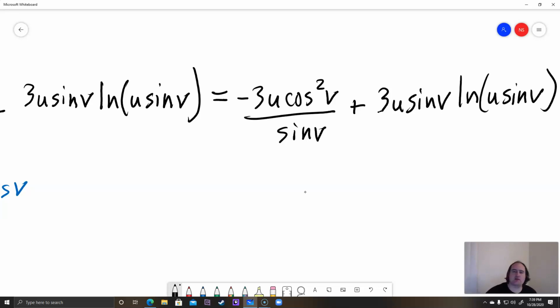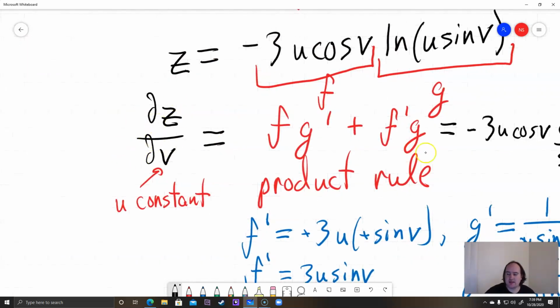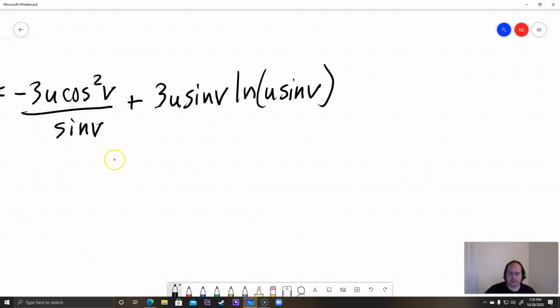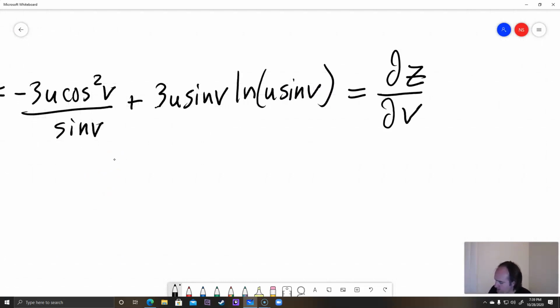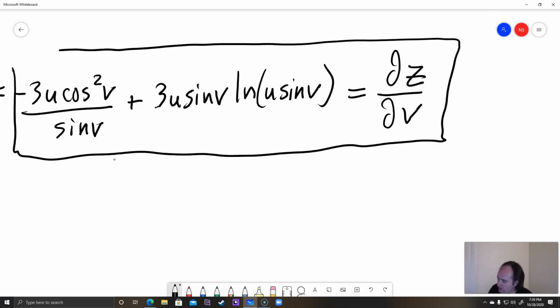Okay, so that thing that we just found there was our partial z, partial v. So let me label that. This here is partial z, partial v. So I personally like to not use the chain rule because I think it's faster, but you have to be comfortable with doing a bunch of derivatives all at once.